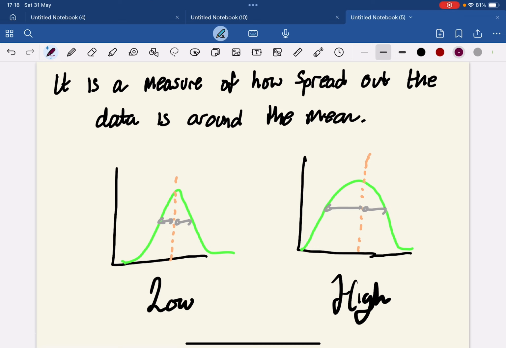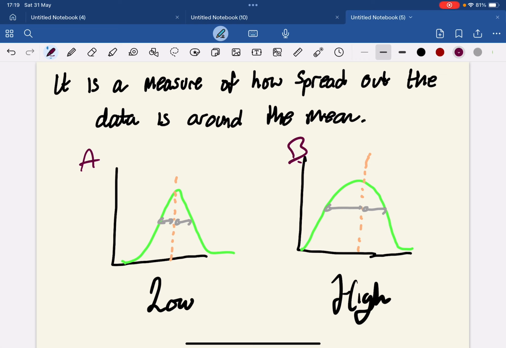We might see graphs like this, sometimes referred to as bell curves. The first bell curve, if I imagine it as a mountain, is going to be really steep. That's A. B is not so steep. With our low set of results there, we're closer to the mean.